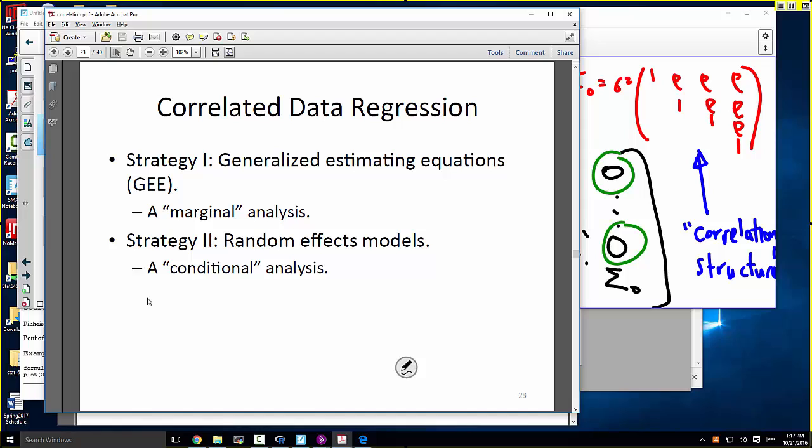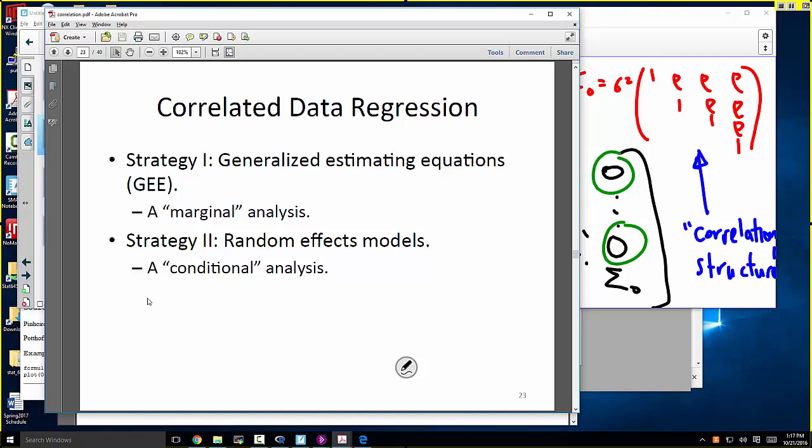There's 2 main ways that I'm recommending you consider doing correlated data regression. GLS is a first step, a crude approach to doing correlated data regression, I would say. These are better. So let's consider either generalized estimating equations, GEE, or random effects models.